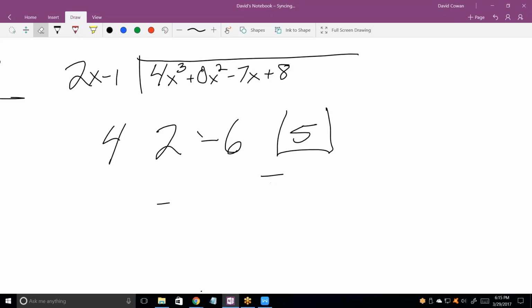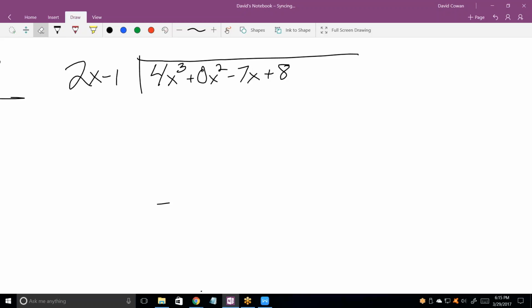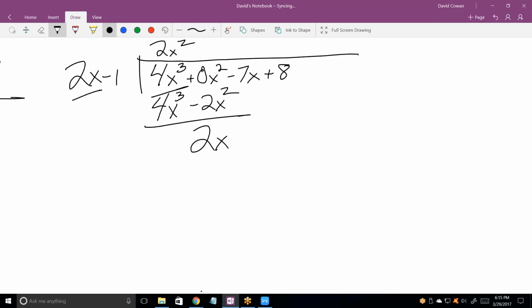In other words, if I use long division, here's how it plays out. You always divide that into that as your first step. That gives you 2x squared. Then you multiply the 2x squared by both terms. And then subtract, which gives you 2x squared. Bring down the remainder. Repeat. Divide 2x into 2x squared.